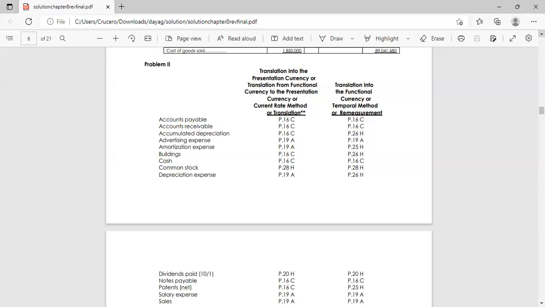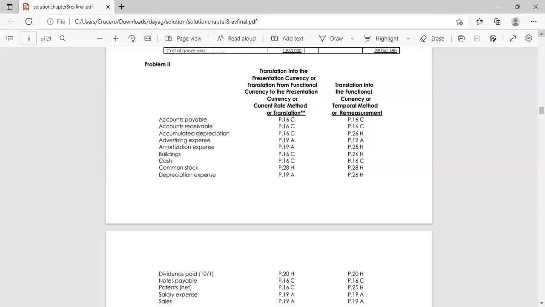For reporting purposes, these amounts need to be stated in pesos. For each balance, indicate the exchange rate that would be used if a translation or the current rate method is made. Then for each account, provide the exchange rate that would be necessary if a remeasurement or temporal method is being made.